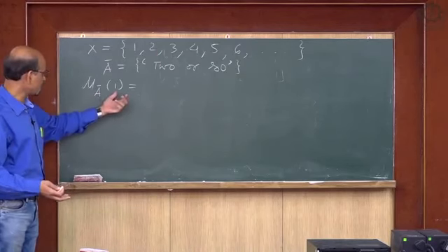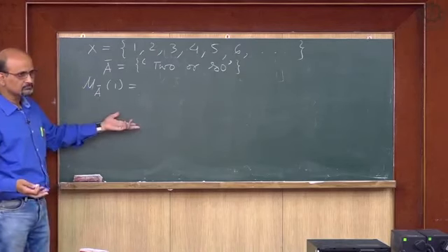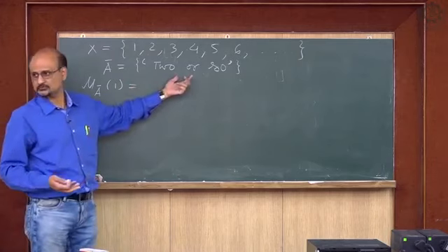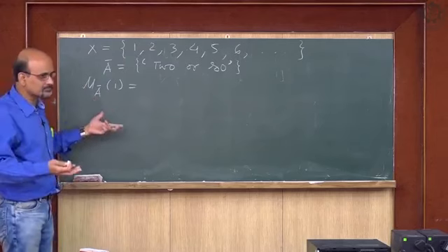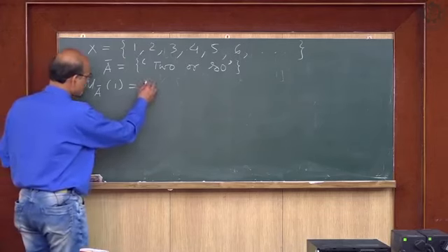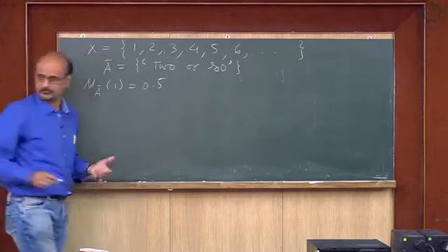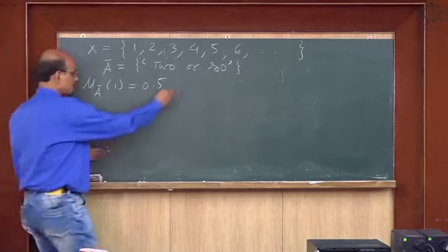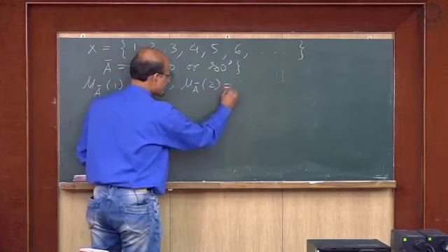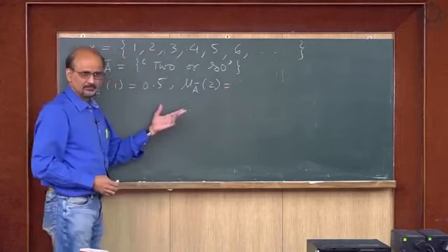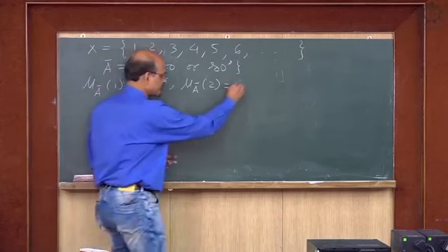Then it is your choice. I can have mu A bar of 1 as maybe 0, if you are taking 2 as exactly 2, but it is written 2 or so. I can write, because it is fuzzy sense, mu A bar of 1 as 0.5. Mu A bar of 2, it is exactly 2, so what should be the membership value? 1.